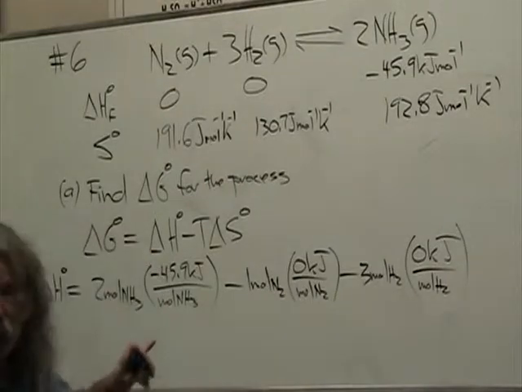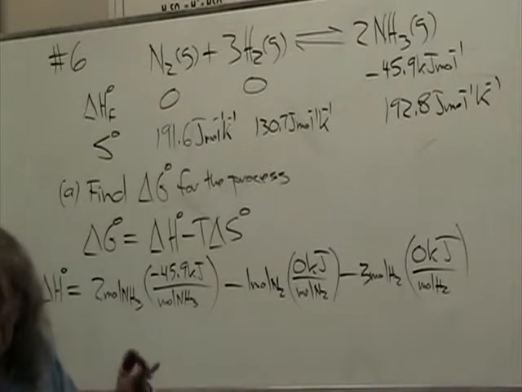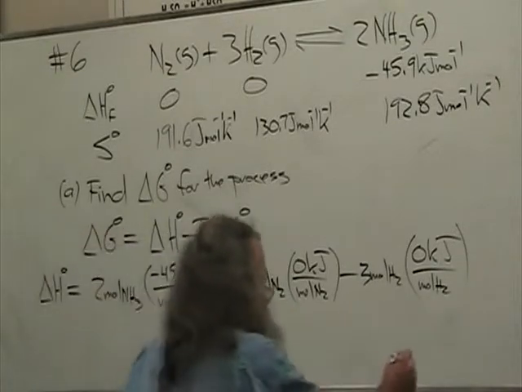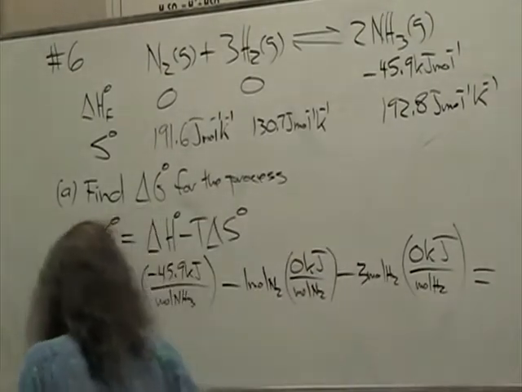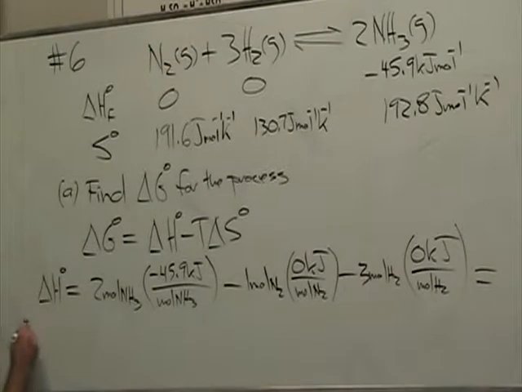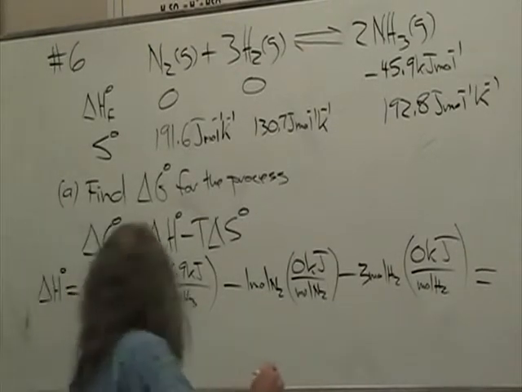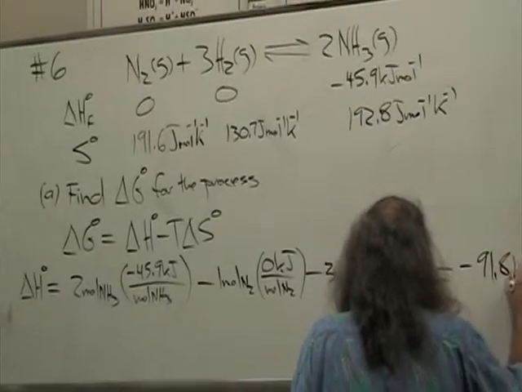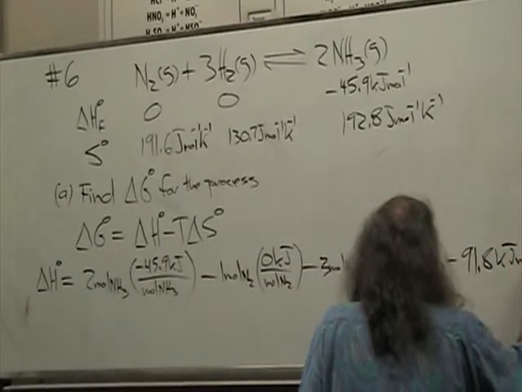But if you can find the room, at least on the scratch paper, you have the room. So that's going to be equal to 2 times 45.9, so 91.8. Equals minus 91.8 kilojoules per mole.